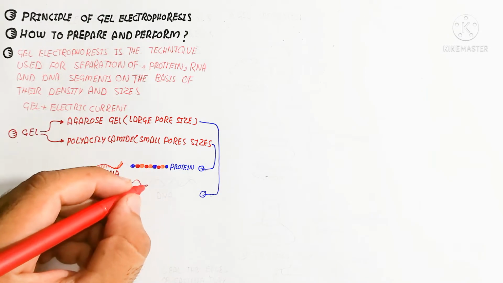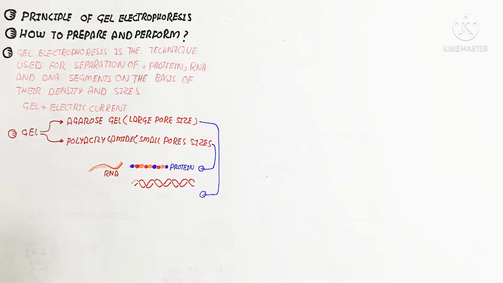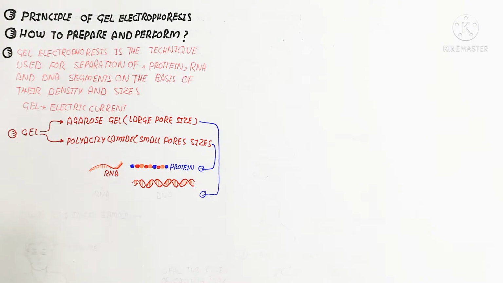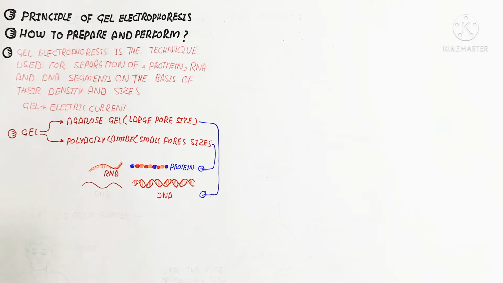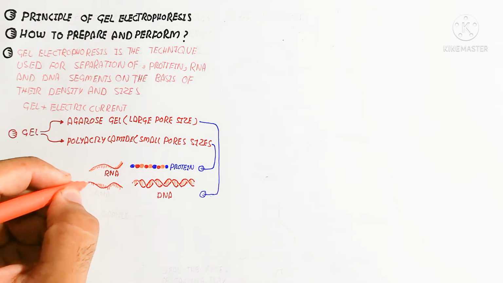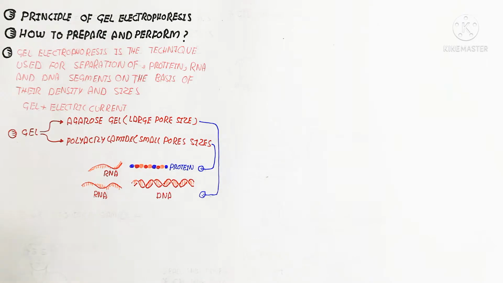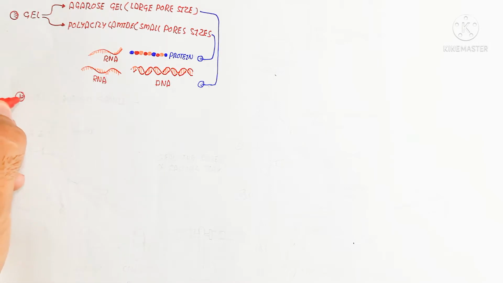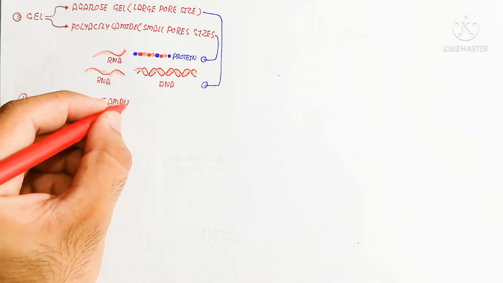Because double-stranded DNA is bigger than RNA and protein threads, so it is used with the large pore size. A gel contains pores. The important thing is that this is a separation method, and detection is done for a different reason.